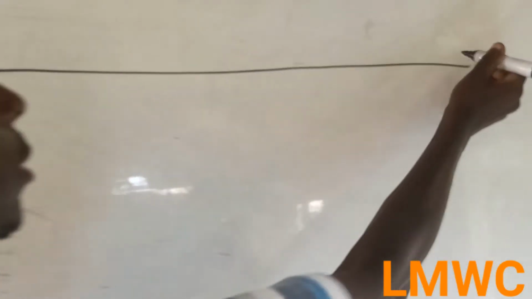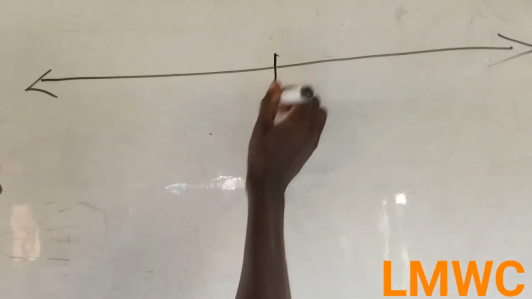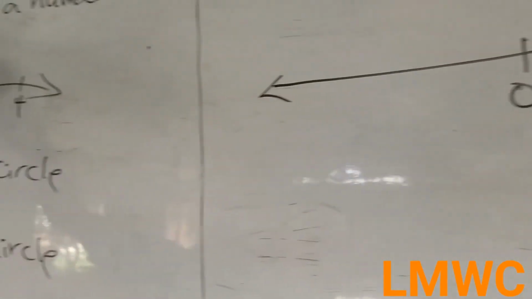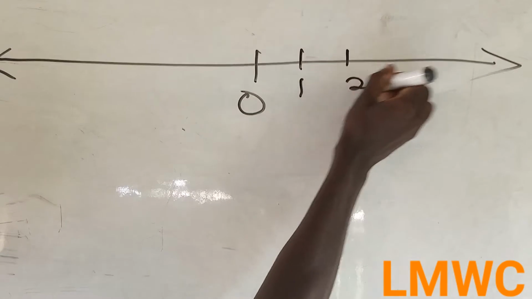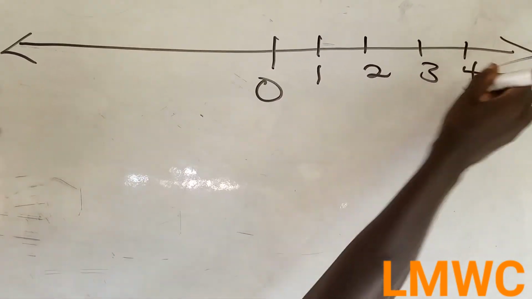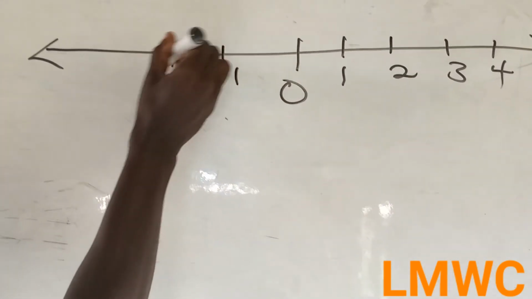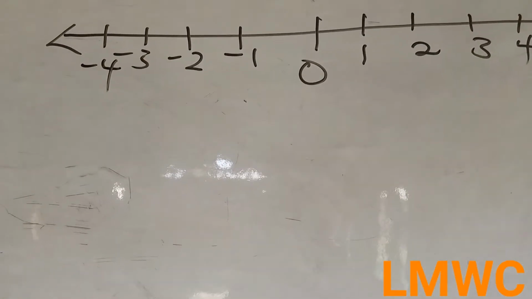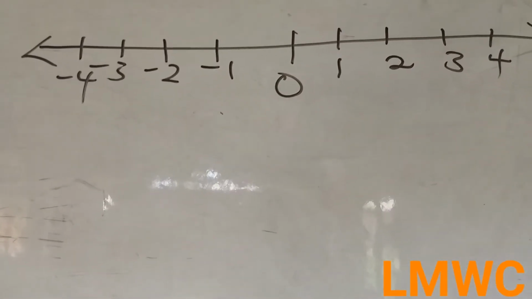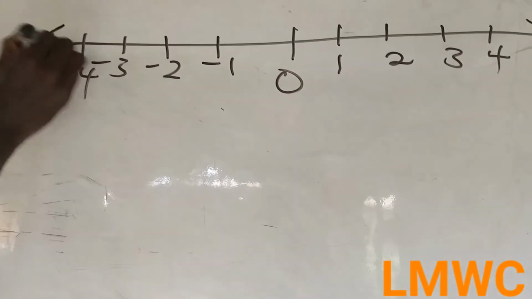So we want to represent x is greater than 4 on a number line. This is how you represent it. You write your 0. You see they gave us 4. One can write 1, 2, 3, 4, -1, -2, -3, -4. Let's look at our number line. You see this arrow?